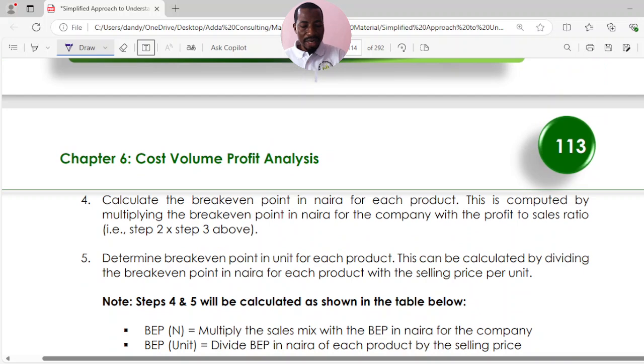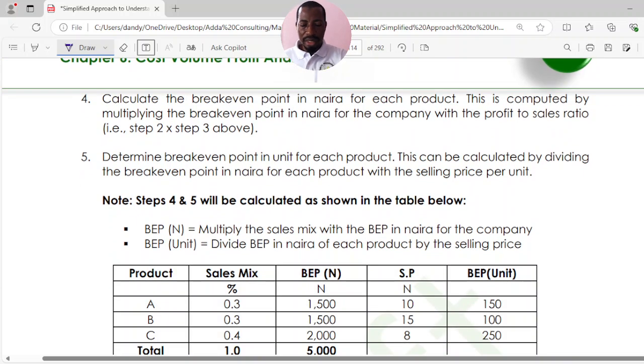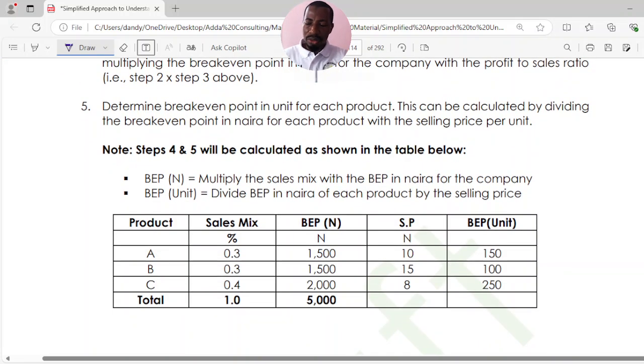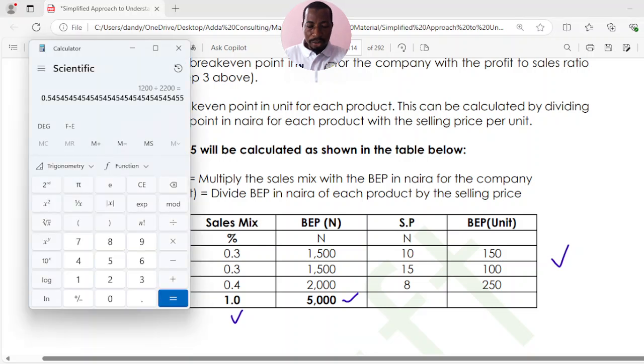Okay, so you can match the two of them together in a table. So you use this particular table to achieve it. The sales mix means you put it here. Now you say, for example, the overall break-even point is 5,000. So for me to get the break-even point in value for product A, I would say the sales mix of 0.3 multiplied by 5,000.